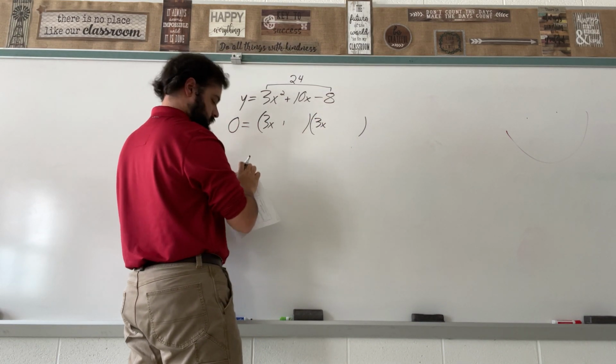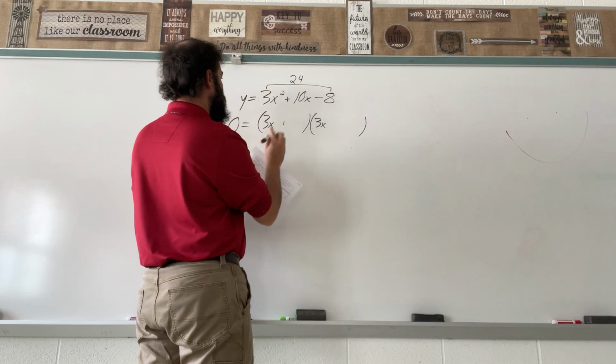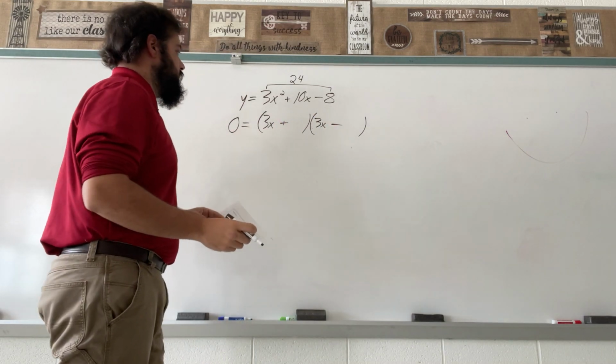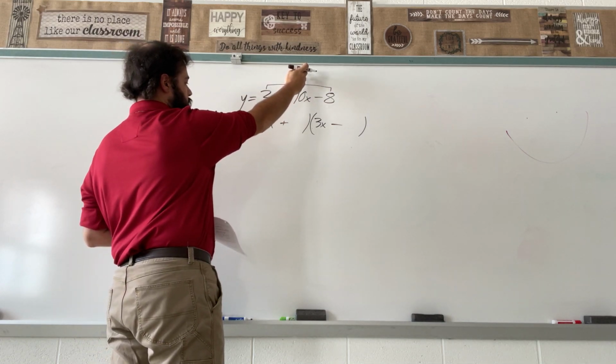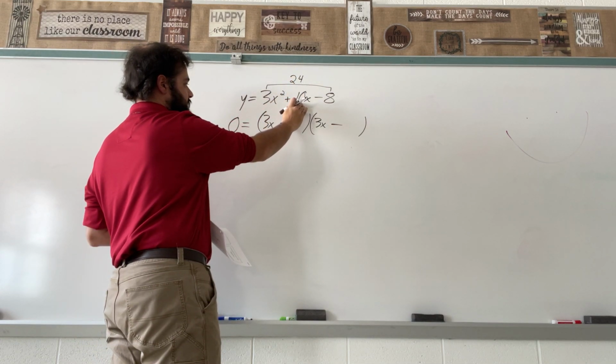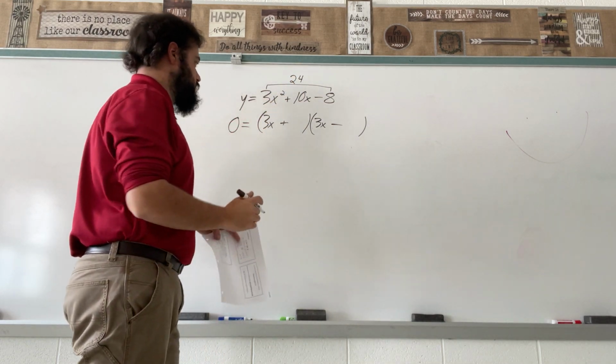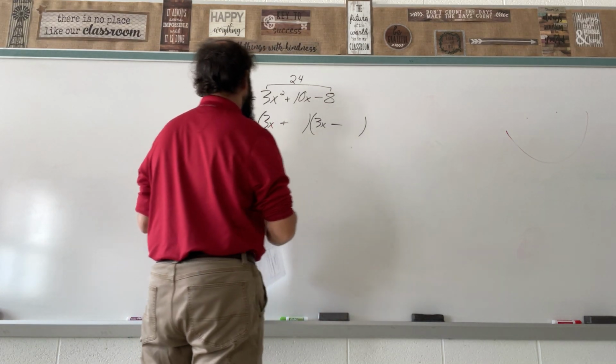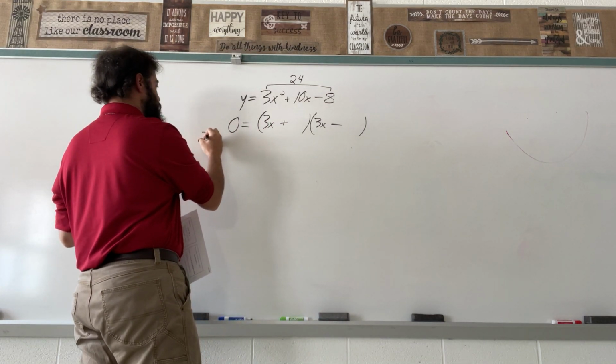All right, so now we're looking for a positive and a negative number. They need to multiply together to make 24 and then add together to make 10. So we know that those numbers end up being, let's list out our factors of 24.